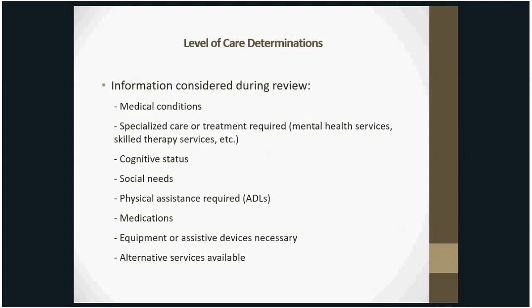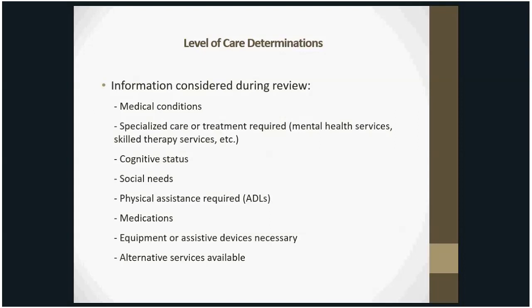When level of care determinations are being made, a lot of information is going into that process. They're looking at the person's medical conditions, what diagnoses do they have? Do they need any specialized care or treatment, like the skilled therapy services, mental health? What's their cognitive status? Are they forgetful? Do they have memory problems?